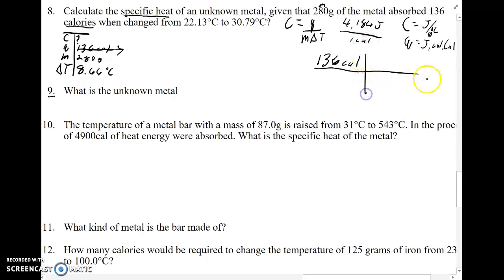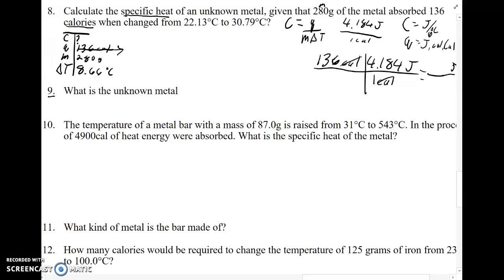So now I can plug that in over here. So in 1 calorie are 4.184 joules. Calories cancel out.